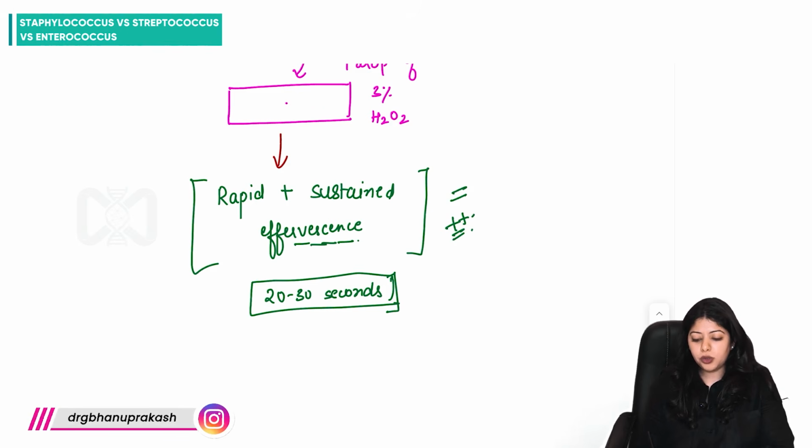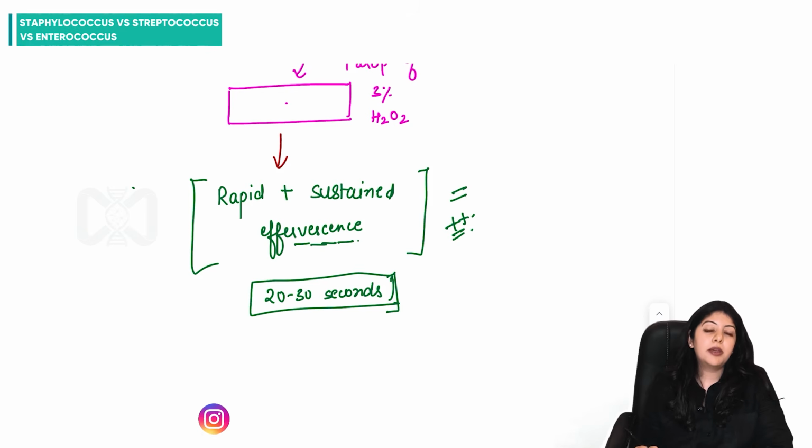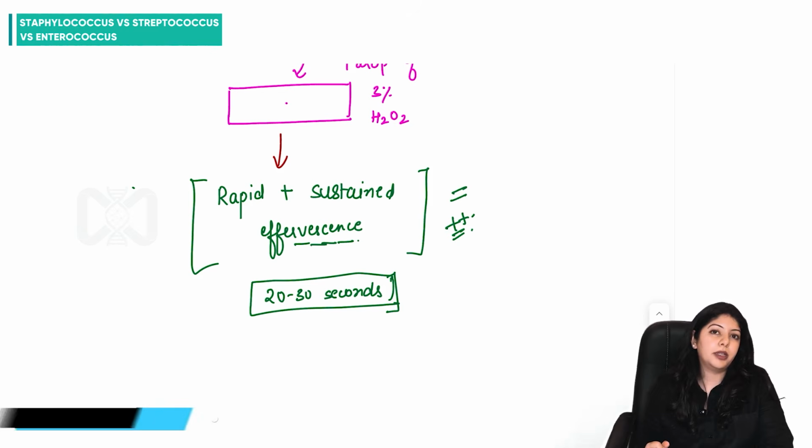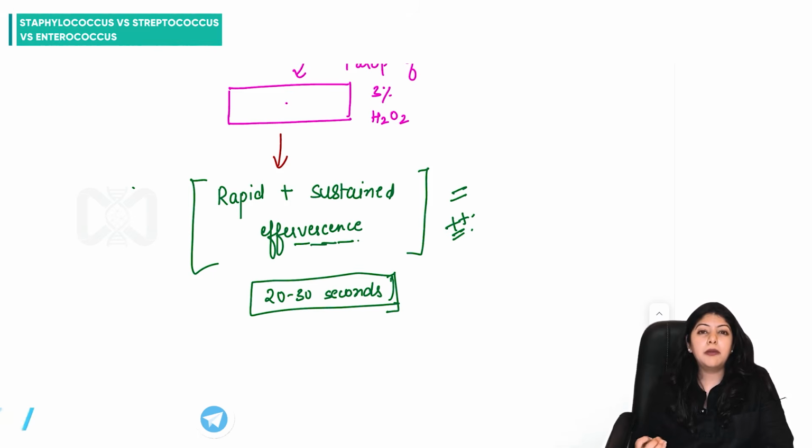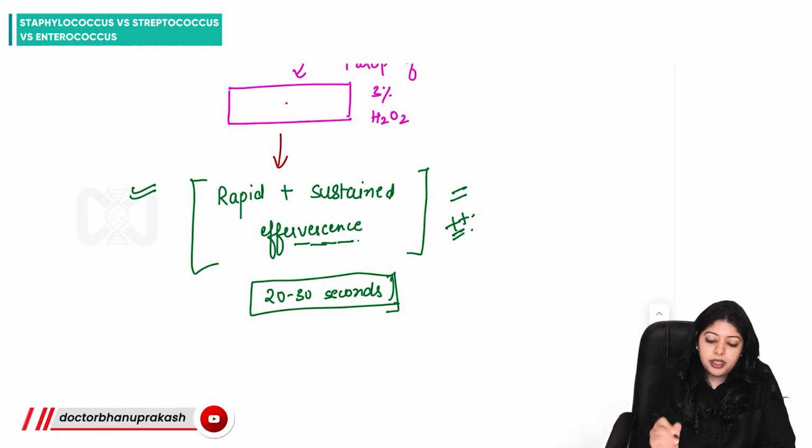And why are we not considering any positive result after 30 seconds? Because if the colonies are present on the blood agar, RBCs also have catalase activity. So we are going to misinterpret the result, and this hydrogen peroxide can be broken down by other compounds as well, right? So it is just the rapid as well as sustained bubbling.